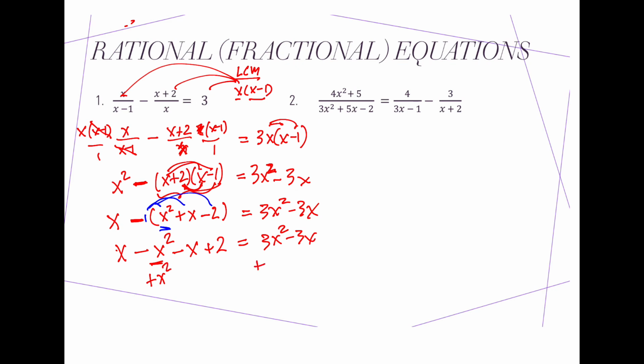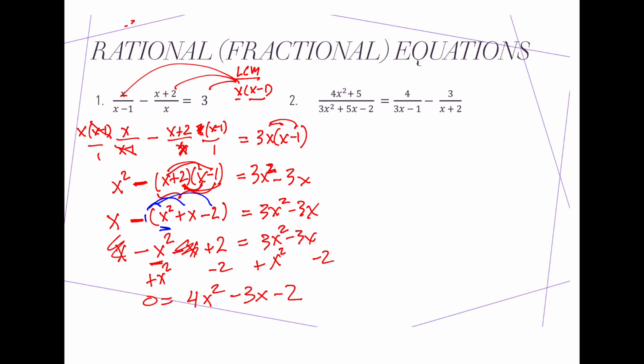We need to set it equal to 0, so we're going to add an x squared. This is x and minus x, so those cancel out, and then I need to subtract a 2. This will leave me with 0 on one side. And it gives me 4x squared. I have to subtract 2 as well. 4x squared minus 3x minus 2.